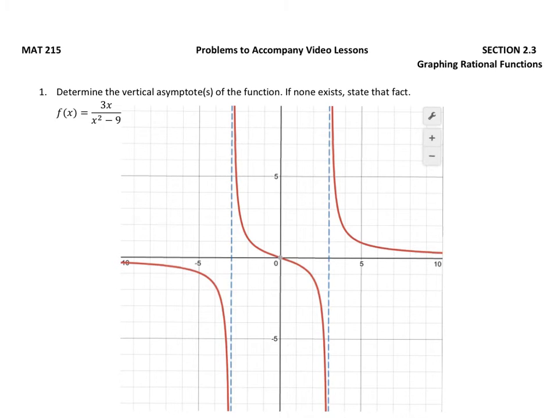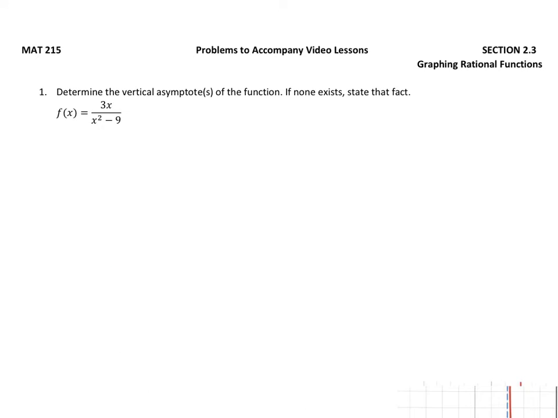They are just indicating where those vertical asymptotes are. So in looking at a graph, we can visually identify where the vertical asymptotes are. But how do we determine vertical asymptotes algebraically by just looking at the function? That's what we're going to do next.